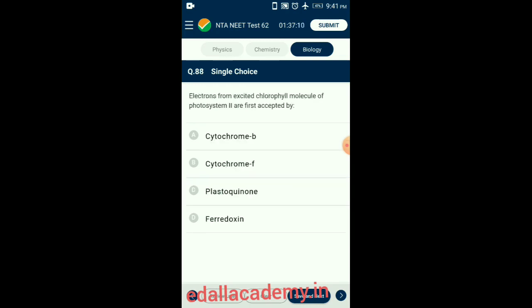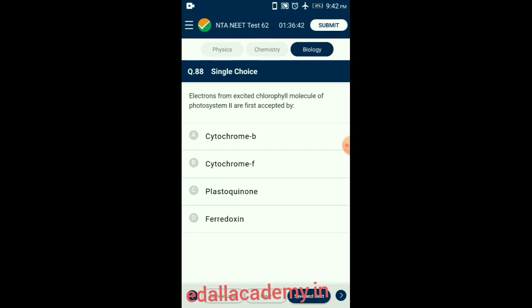Question number 88. Electrons from excited chlorophyll molecule of photosystem 2 are first accepted by. Electrons from excited chlorophyll molecule of photosystem 2 are accepted first by plastoquinone. Photosystem 2 is a photosynthetic pigment system along with some electron carriers that is located in the appressed part of the grana thylakoids.